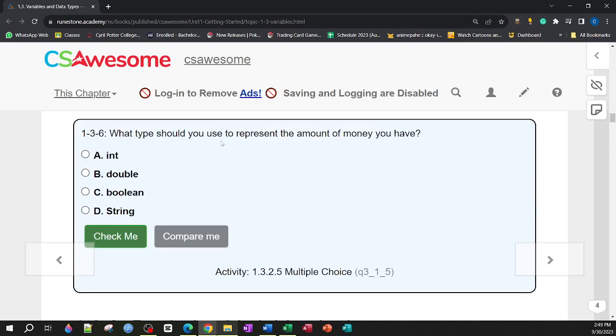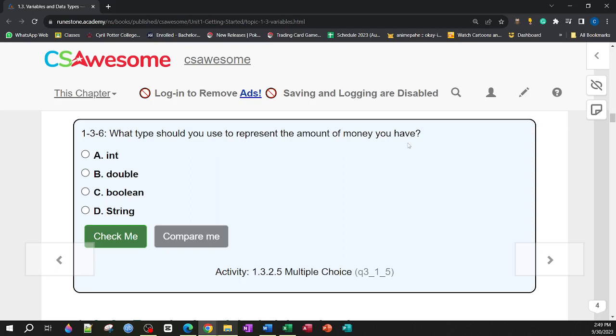What type should you use to represent the amount of money you have? Double. What about the rest? Think about it.